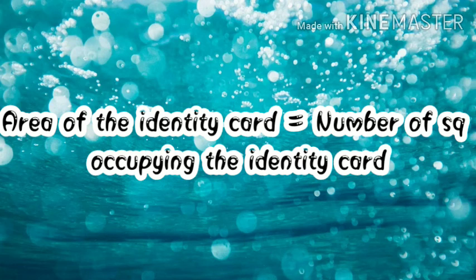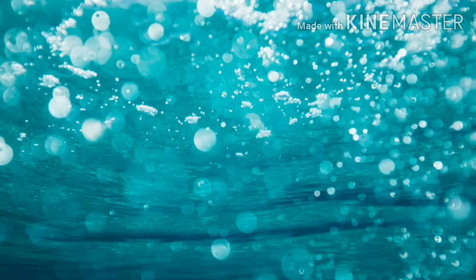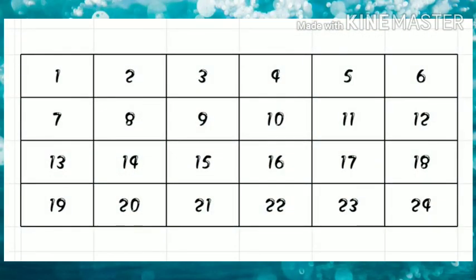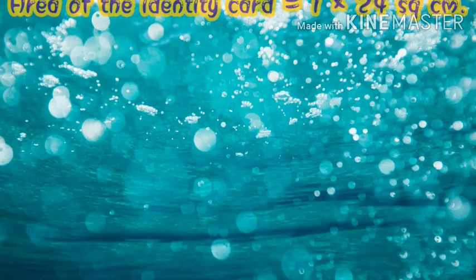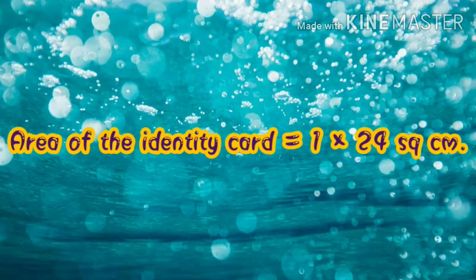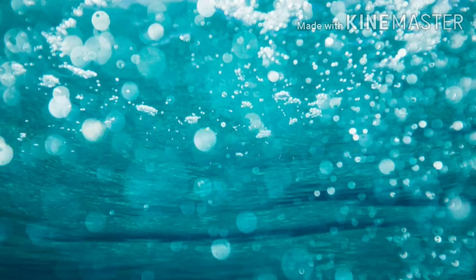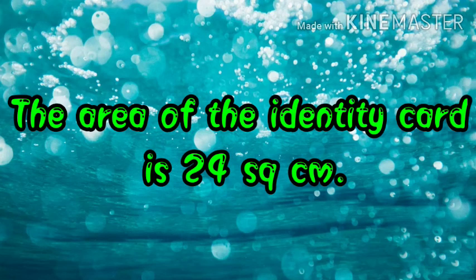So, let us count the squares. There are 24 squares and each square has an area of 1 square centimeter. Therefore, the area of the identity card is 1 into 24, which is equal to 24 square centimeters.